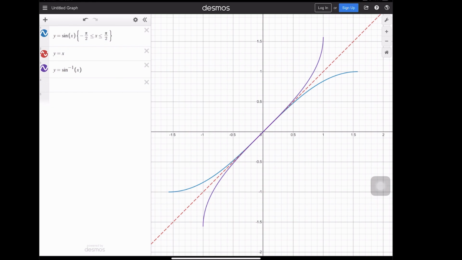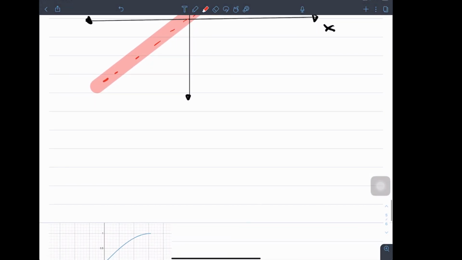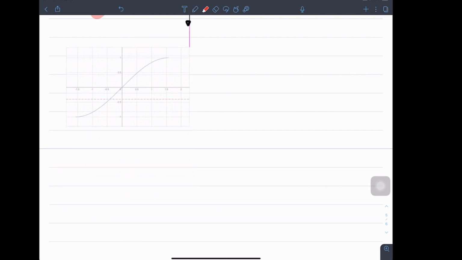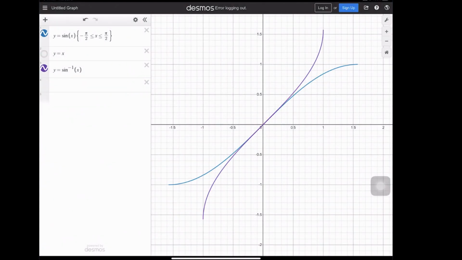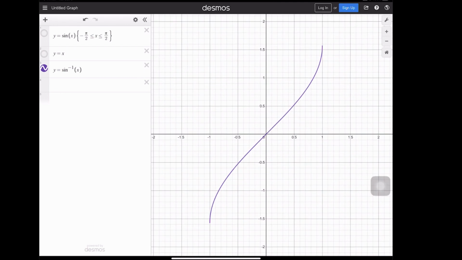So if you look in the book, what does the book say about all of this? Let's go back to Desmos. Notice this. This is very interesting to me personally. This is the curve of inverse sine, and it's in purple automatically too.